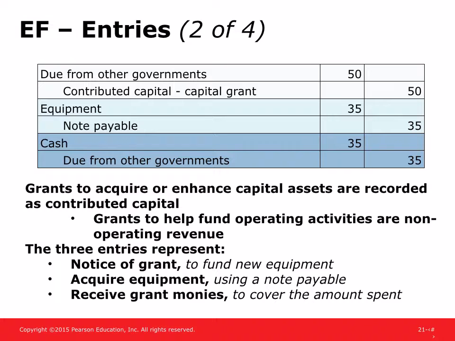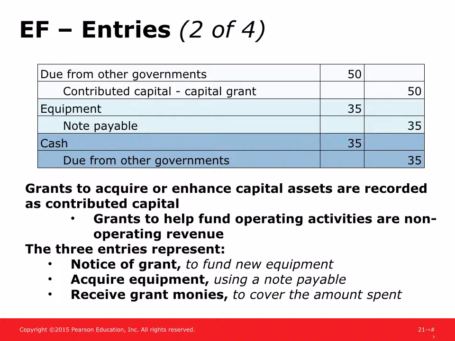This would be reflective of an instance where you get approved for a $50,000 grant. So that first entry is basically when that grant is approved, and when you receive the notice of reception of that grant, then you can go out and make purchases on a note payable.